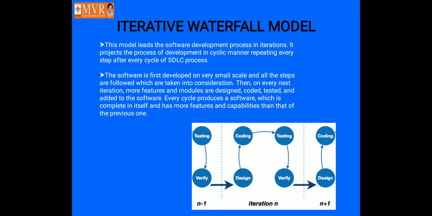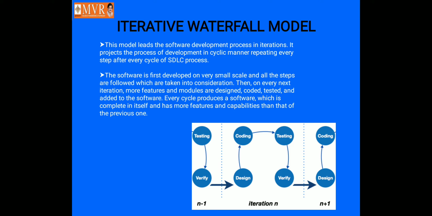In the iterative waterfall model, it makes a cycle, like what we already saw in the C program, that is recursion, where the function calls itself. That means when the development cycle completes, it again goes around, it is a rotation. See the n minus 1 diagram, see the n diagram: testing and verification, again it goes to iteration n.